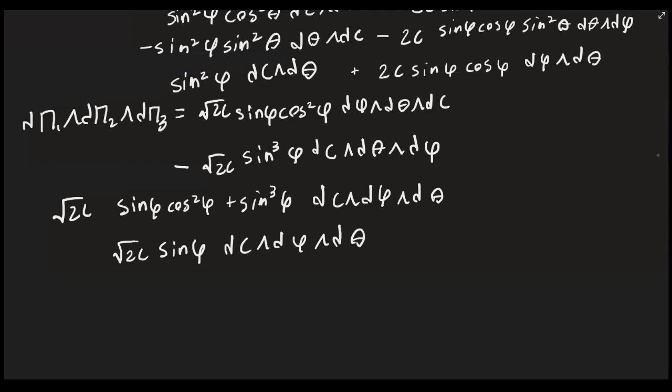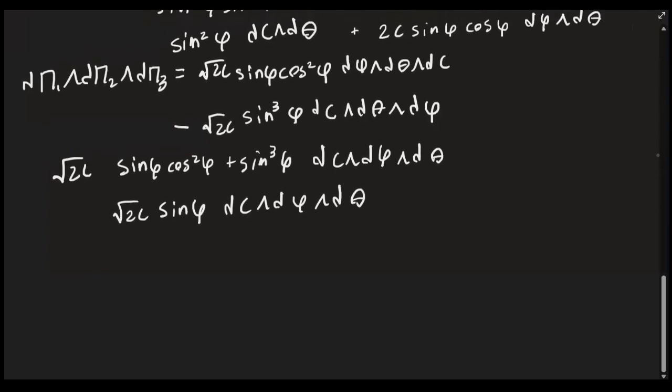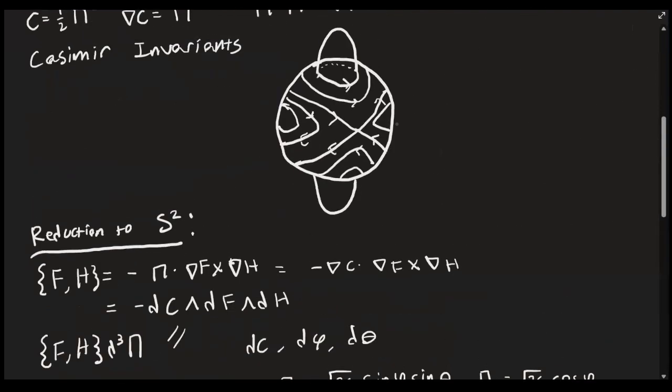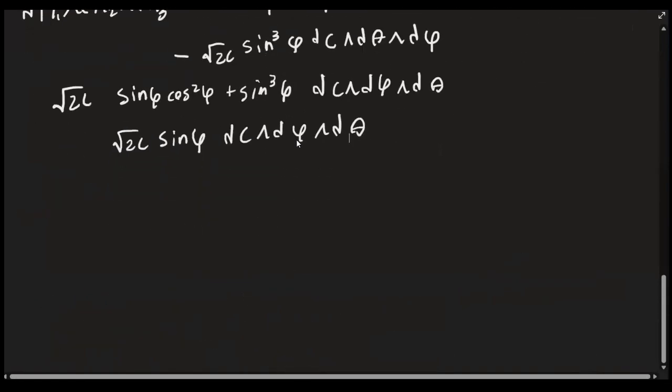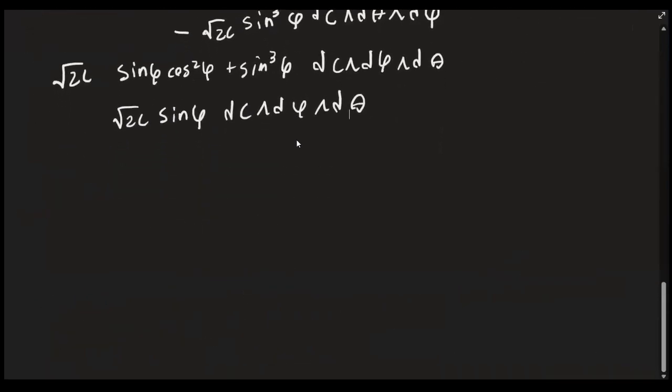Okay. And now let's say we want to stay on one of these spherical level sets of the Casimir. And c is constant. And we're really just going to be worrying about these phi and theta terms.